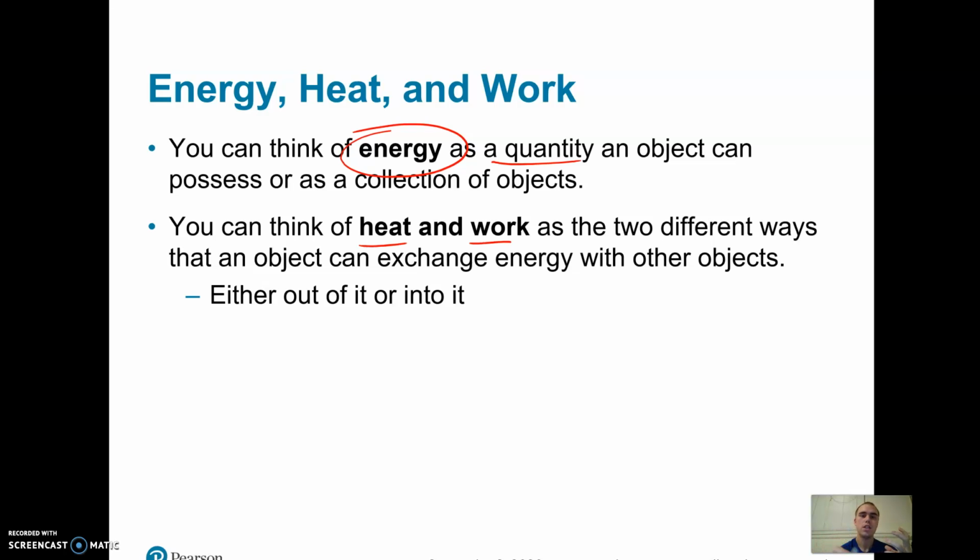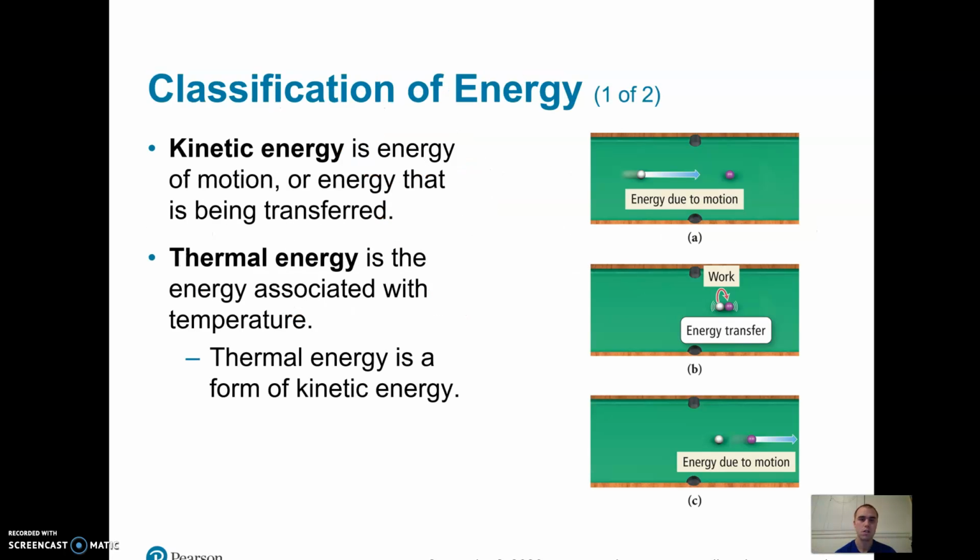Energy can go out of an object or a system, and go into an object or a system. Heat can go in or out, and work can be done on or done by. That's how energy flows, as work is being done on the system, or work is being done by the system. That's how we flow in and out.